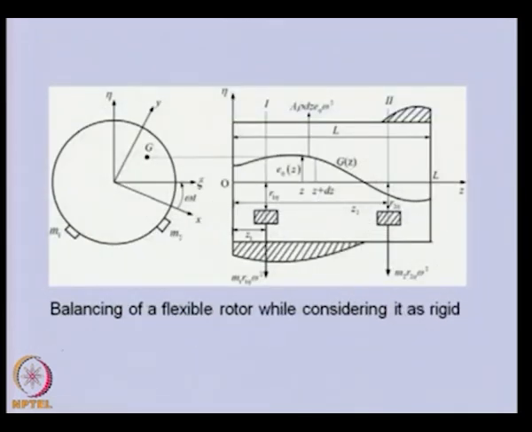If we have a rotor like this, let us say a rigid rotor, and its eccentricity is continuously changing, this is the eccentricity variation. Eta z is the eccentricity variation in one of the planes. This eta z is a rotating, body-fixed coordinate system.